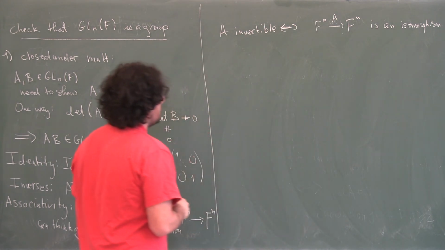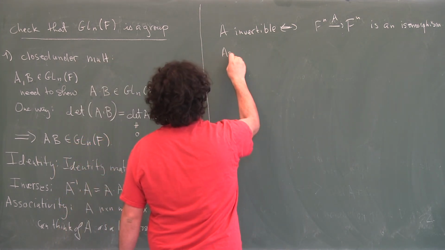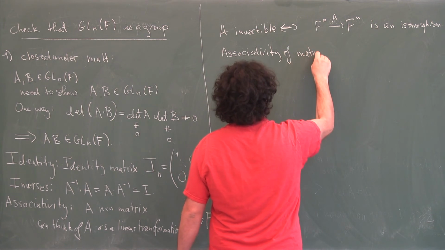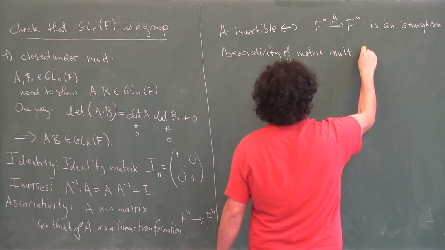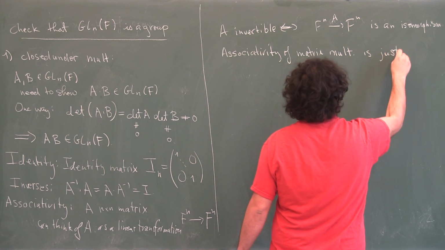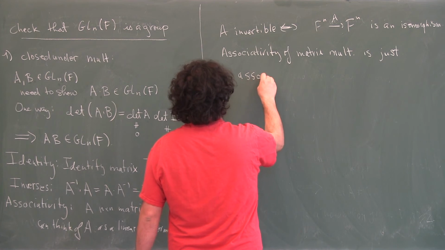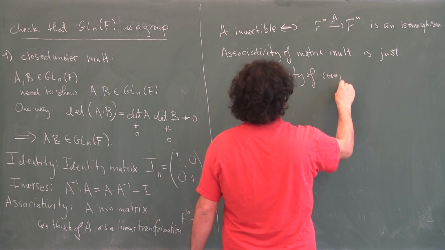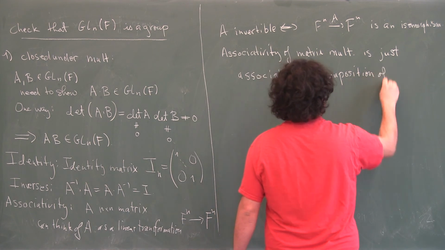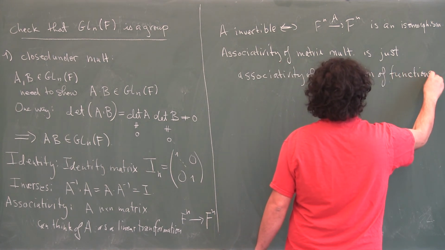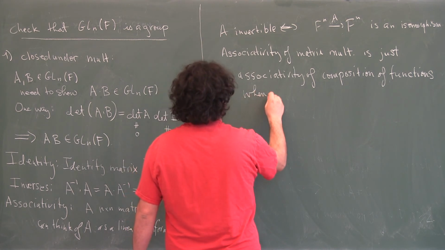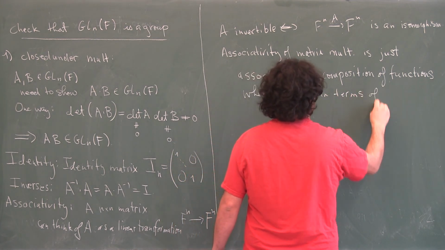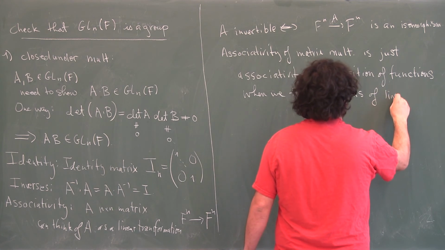Now, what is then associativity? Associativity of matrix multiplication is just the associativity of composition of functions when we think in terms of linear transformations.